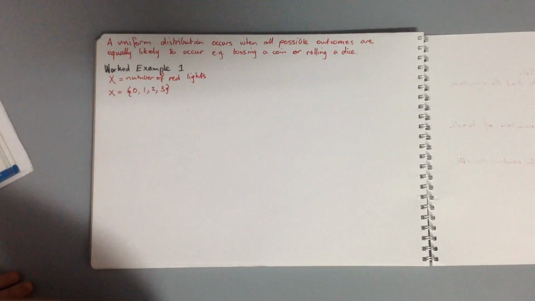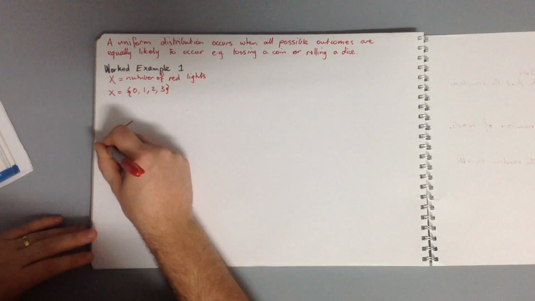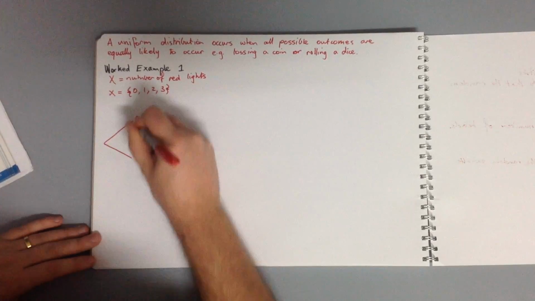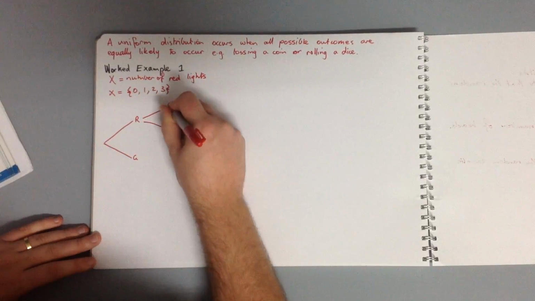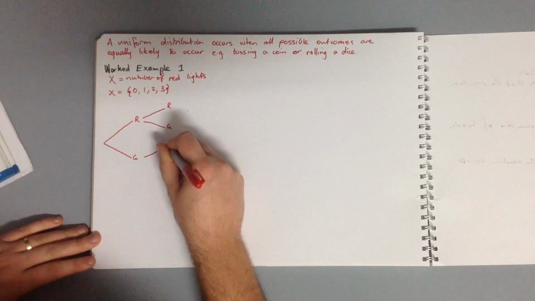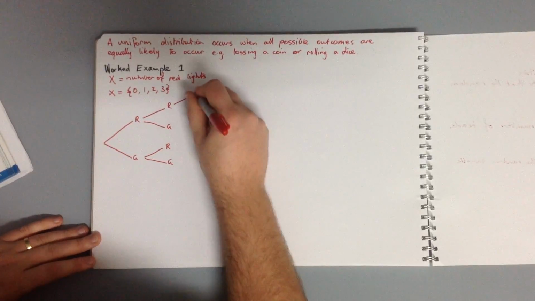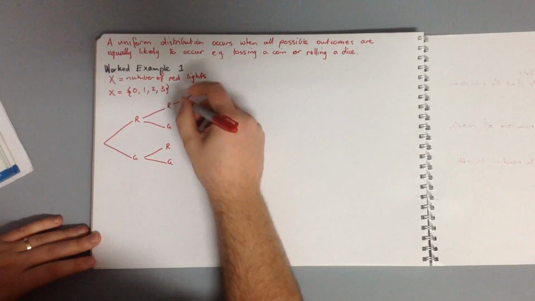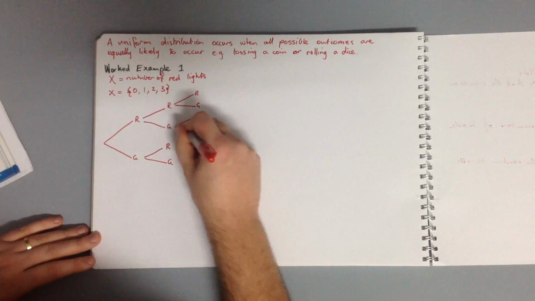I'll try to fit it in, but we might start to get a little bit crowded here. So we can get red or we can get green for our first one. We can get red or green for our second set of lights. And we can get red or we can get green on our third set of traffic lights.